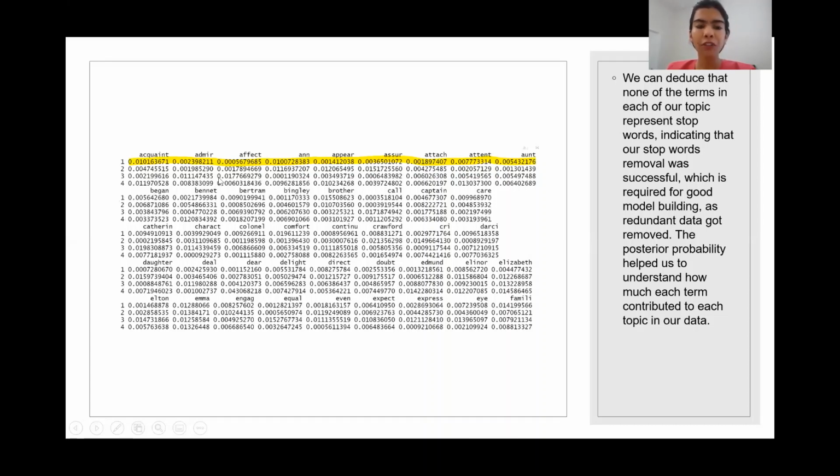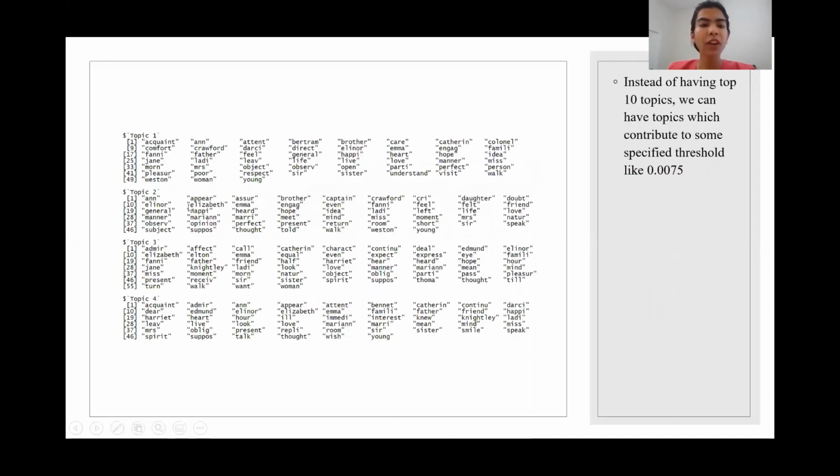For example, if we choose a threshold value of 0.003, then the word continue will be there, as it has 0.03 relation with respect to topic 2. I tried to do this and fetched the words which have a threshold of 0.0075, and found all those words for all our 4 topics.